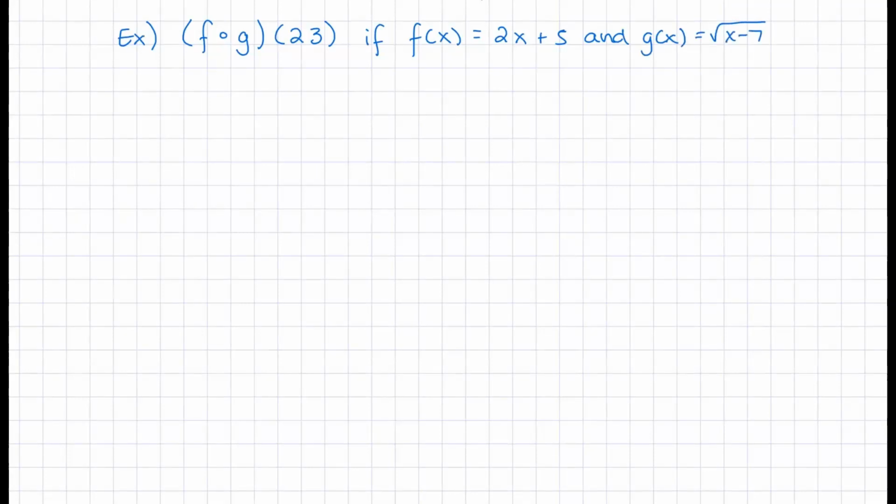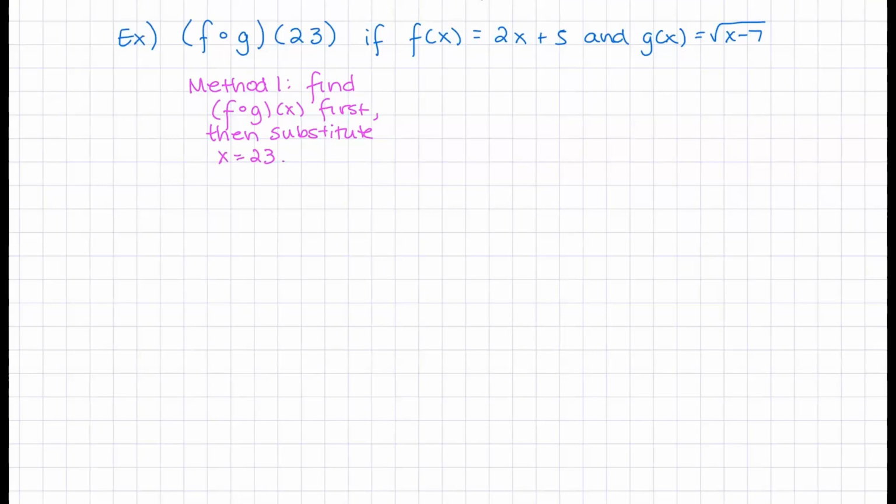So, method 1, you can find f composed with g of x first, and then substitute x equals 23.